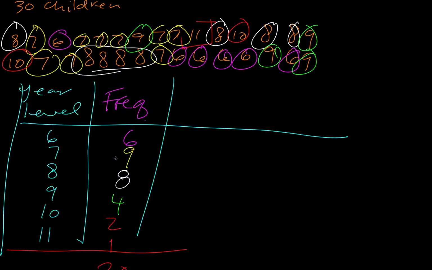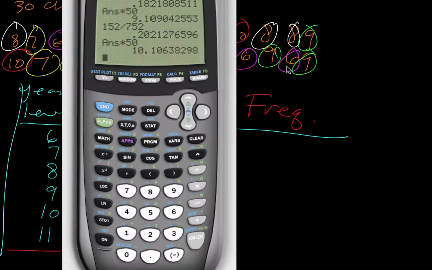Now, relative frequency. What we do with that is we just figure out what percentage of the total it is. So we're going to do like 6 over 30. Go to our calculator.